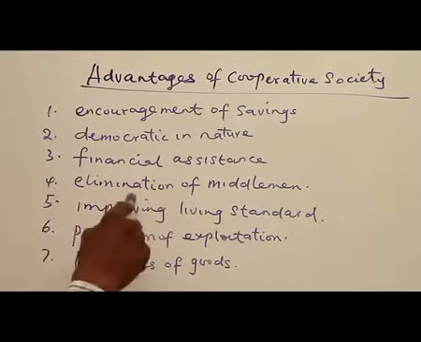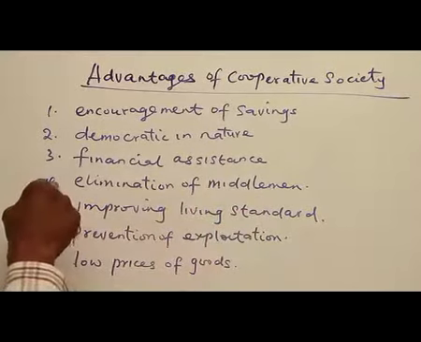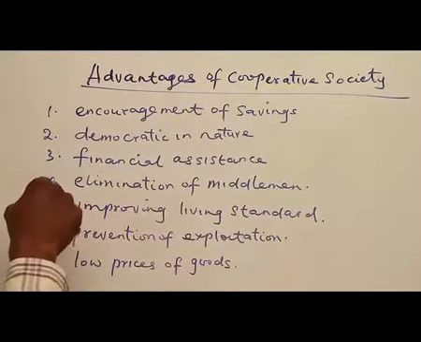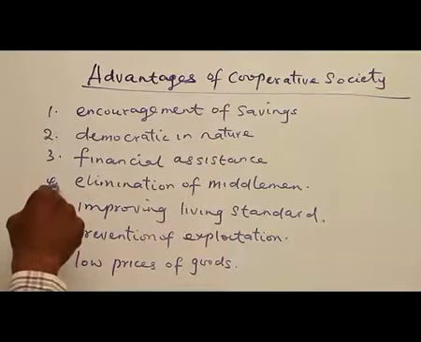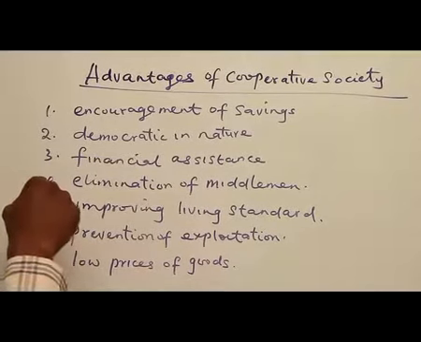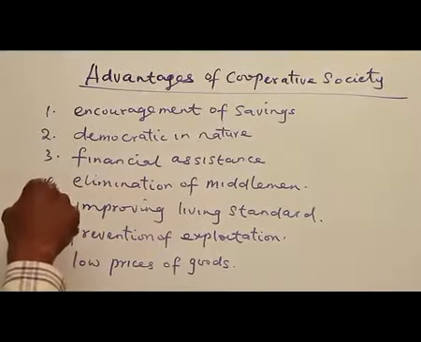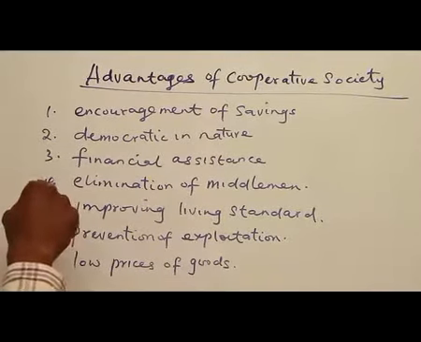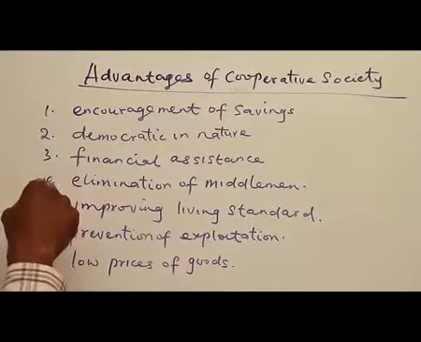Number 4, elimination of middlemen. The key reason behind the establishment of cooperative society is to bypass the middlemen, wholesaler and retailer, because these people increase the prices of goods and services that make it difficult for consumer or producer to have access to them.